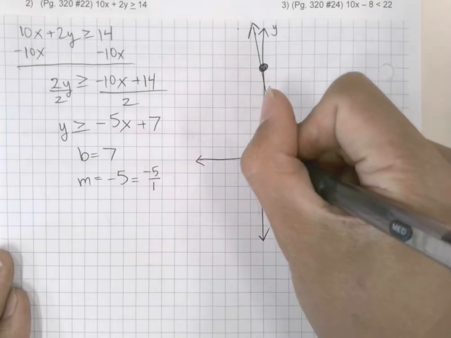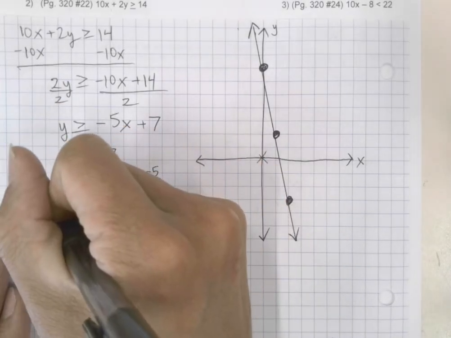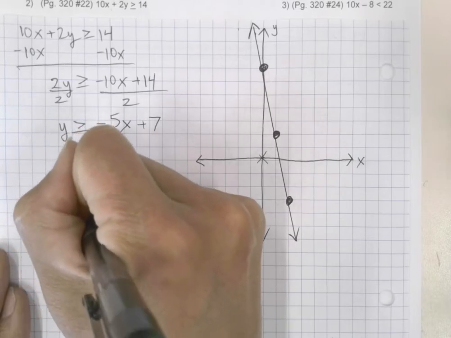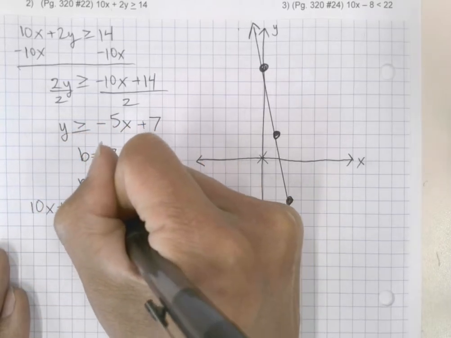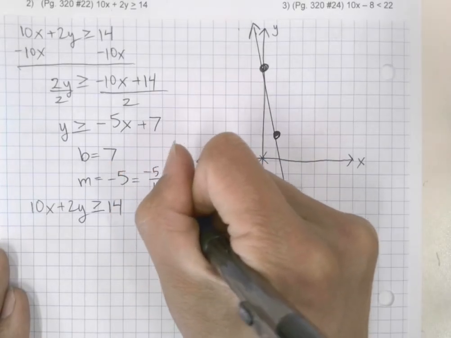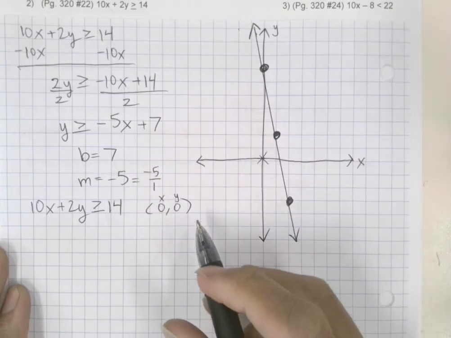All right. So I'm going to use 0, 0, and I'm going to say my inequality is 10x plus 2y is greater than or equal to 14, and my test point is going to be 0, 0. Okay. So my x is going to be 0, my y is going to be 0.